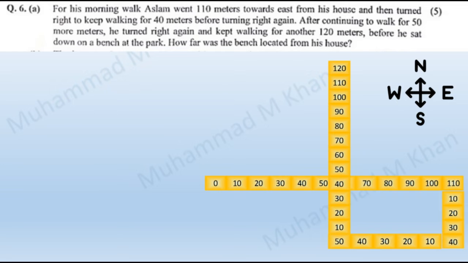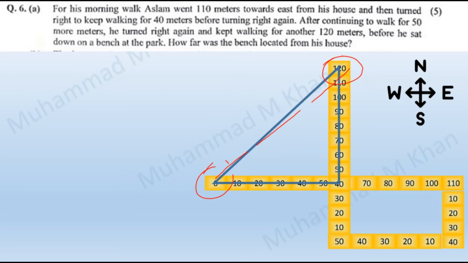Now, in order to calculate the distance between his starting point and ending point, which is the requirement of the question, this is his starting point and this is the ending point. The distance between these two points will be this one, and from the figure it is clear that it is a right angle triangle.